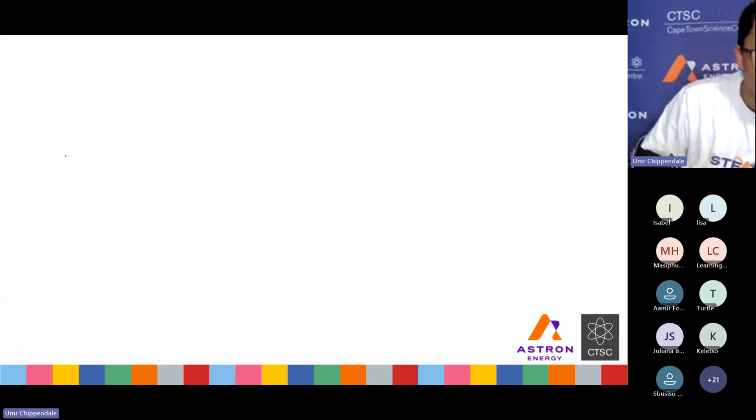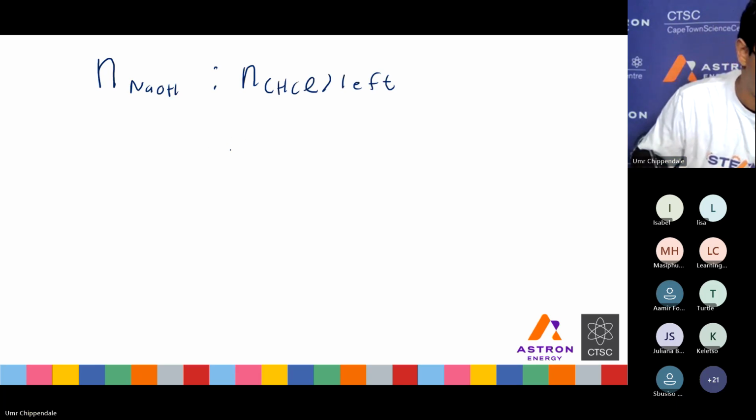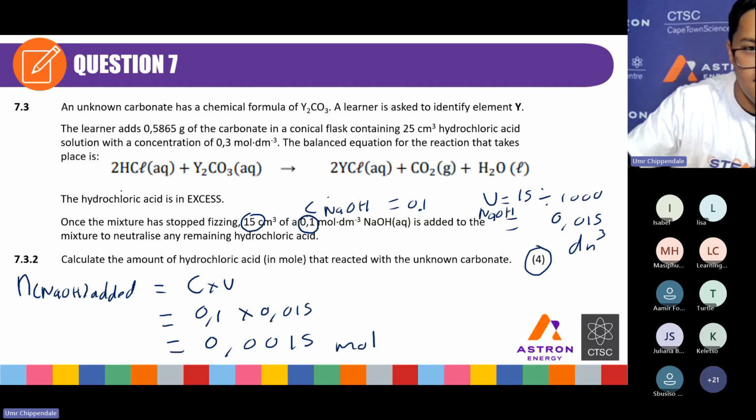So in terms of your number of moles, the HCl that was left is a 1-to-1 ratio in order to cancel it out. Therefore, our value was 0.0015 moles.